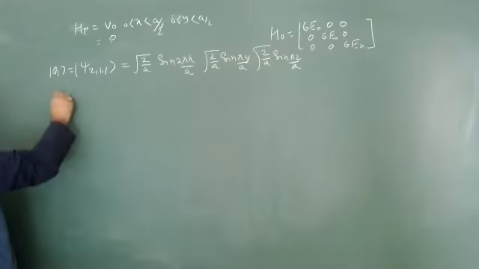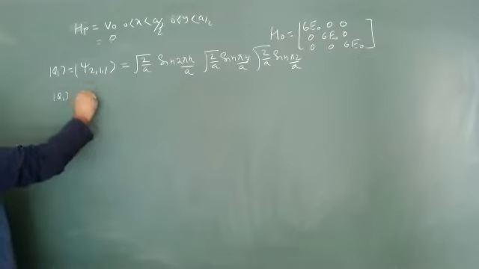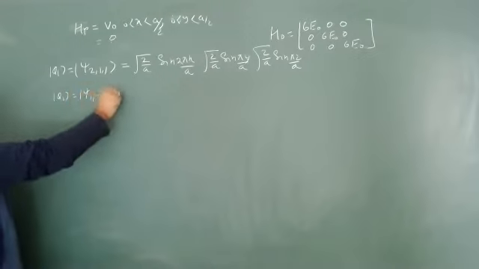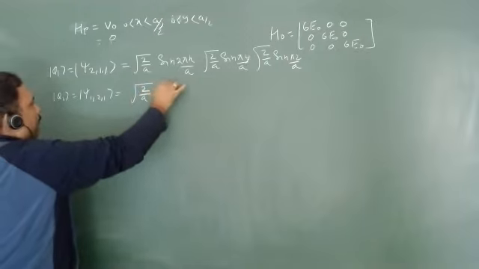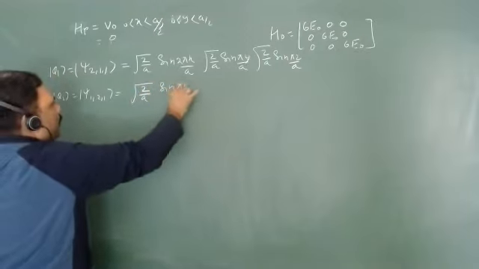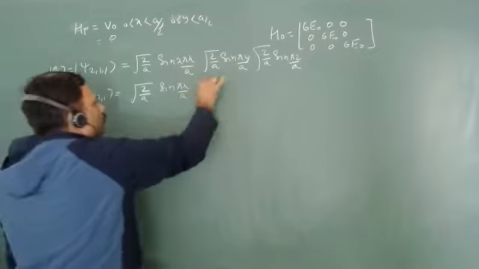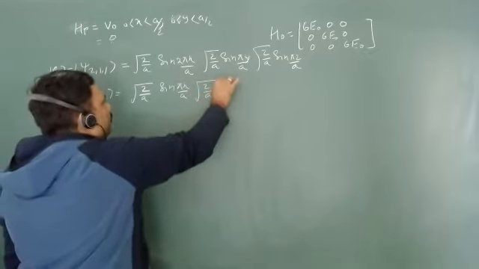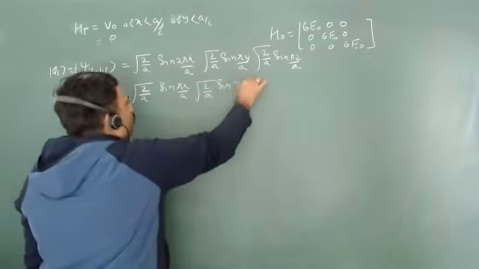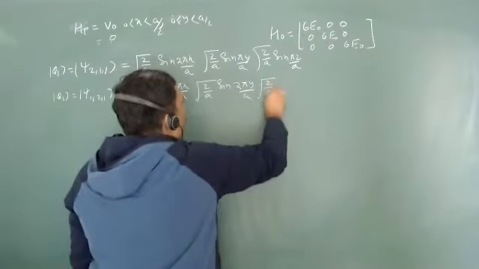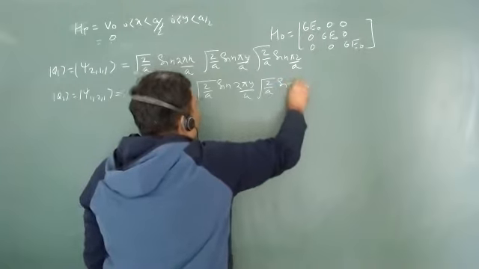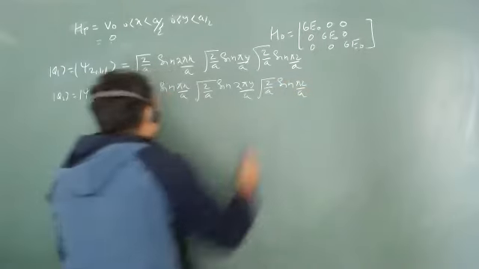What will be phi 2? Phi 2 is psi 121. What will be this value? Root 2 by a sine pi x upon a, root 2 by a sine 2 pi y upon a, and root 2 by a sine pi z upon a.